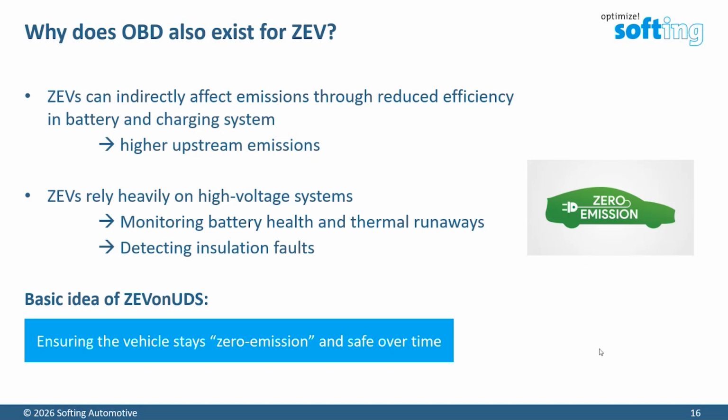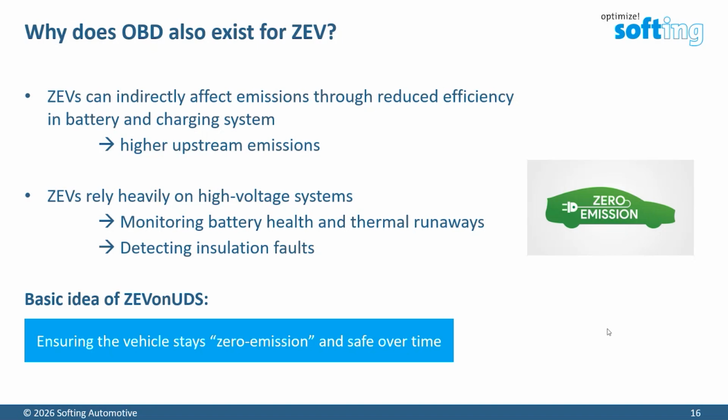More energy is pumped into the system than is needed for the drive. And even if this energy was generated from green sources, when it's wasted, it quickly loses its green status. Furthermore, electronic drive systems are high voltage systems. For this reason, it is important that these systems are also continuously monitored to protect the life of driver, passengers, and of course all other people who come into contact with the vehicle.